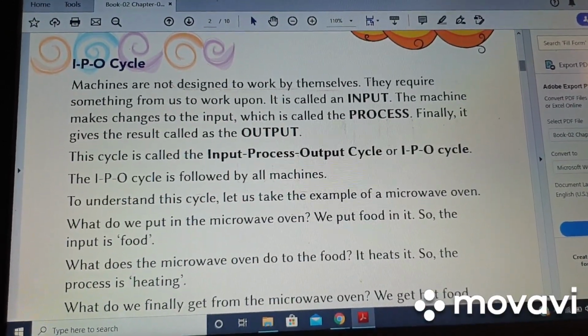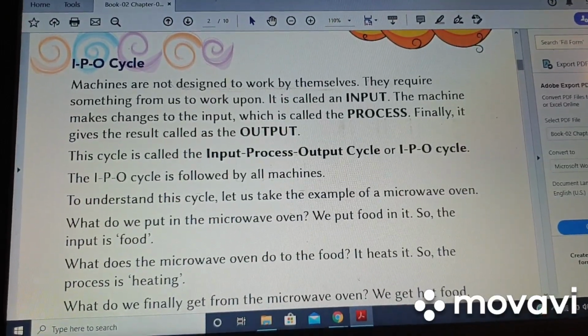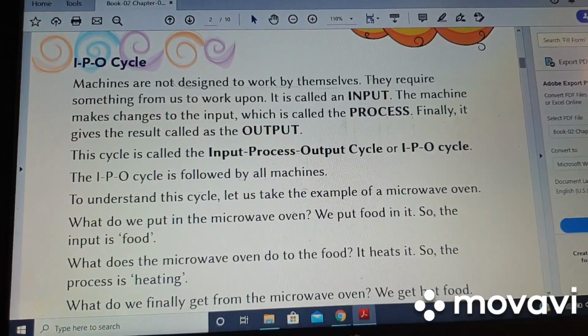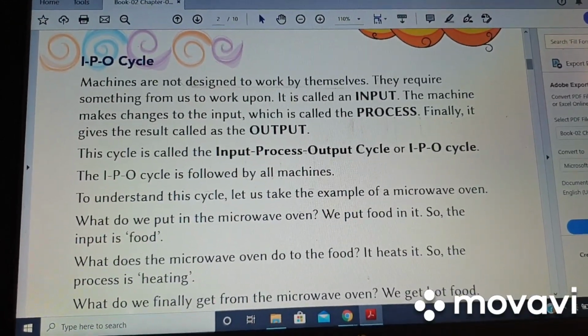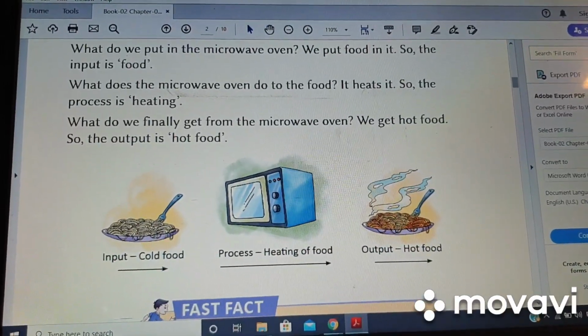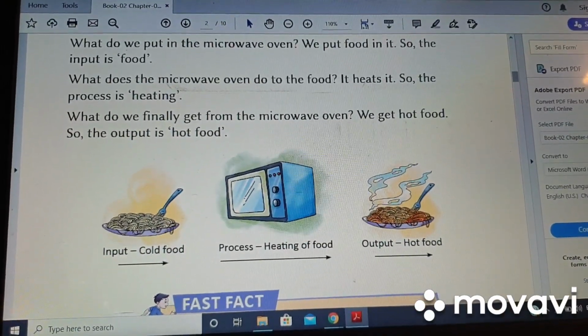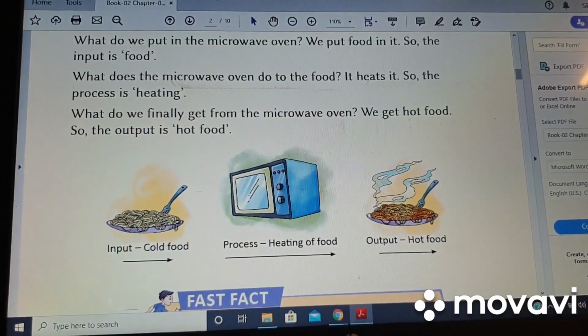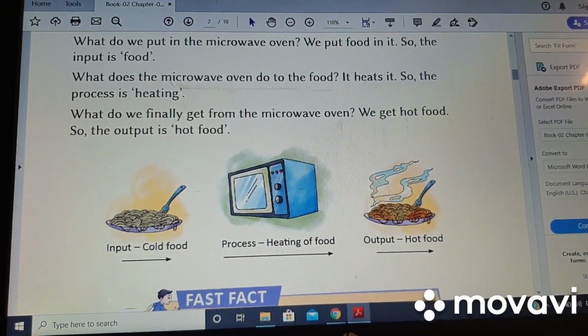It heats it. So the process is heating. What do we finally get from the microwave oven? We get hot food. So the output is hot food. Input cold food, process heating of food, output hot food.